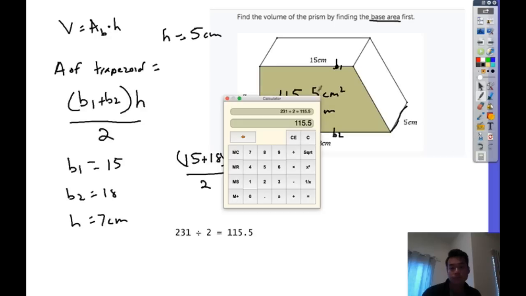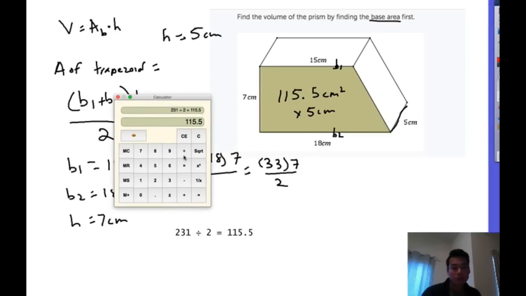So 115.5 times 5. The volume of this trapezoidal prism is going to be 577.5 centimeters cubed.